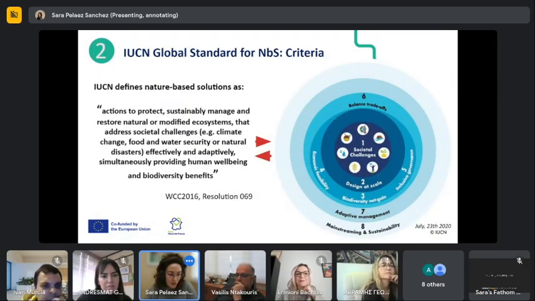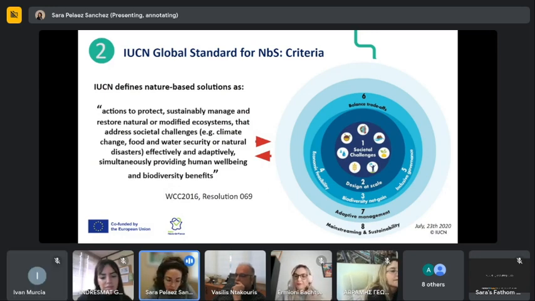So we continue. Just to refresh your memory and give a little bit of context, if you remember the definition of nature-based solutions as actions to protect, sustainably manage, restore nature or modify ecosystems that address societal challenges effectively and adaptively, providing human well-being and biodiversity benefits. This definition was established at the World Conservation Congress in Hawaii in 2016.